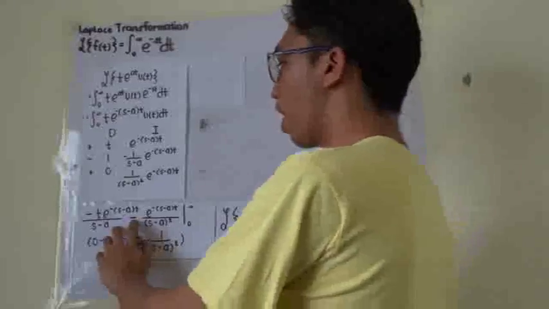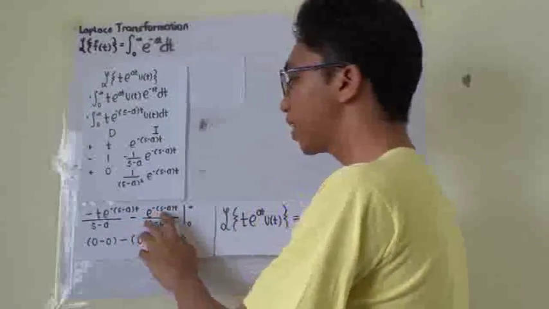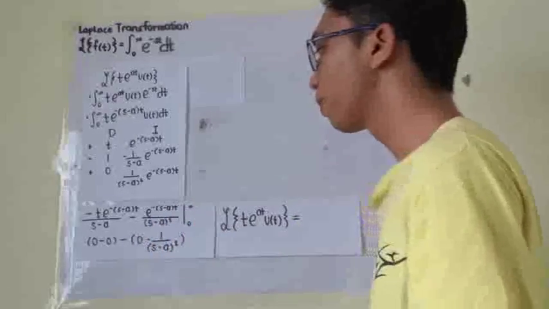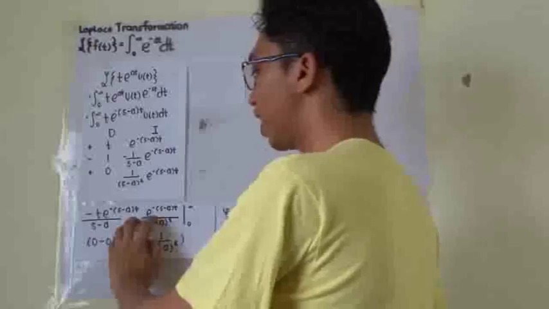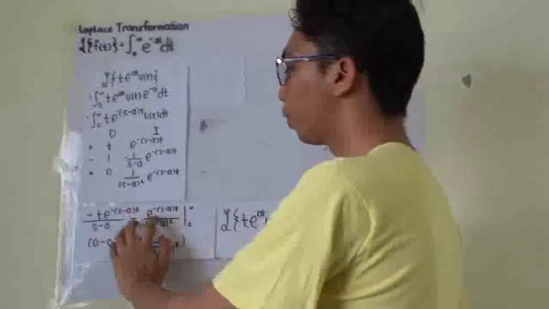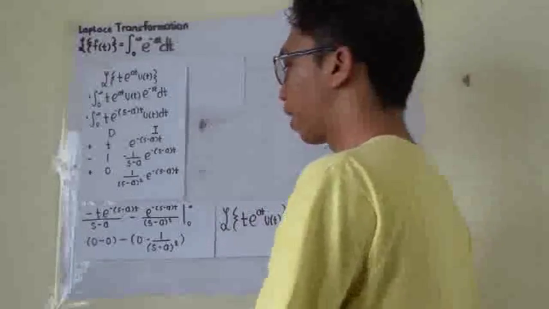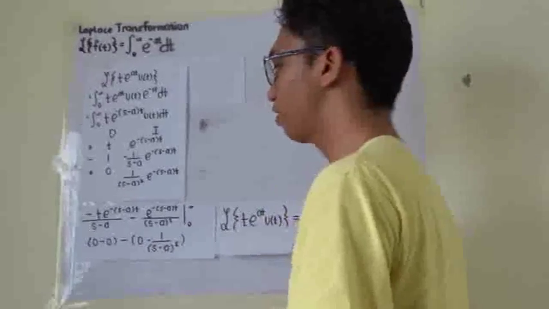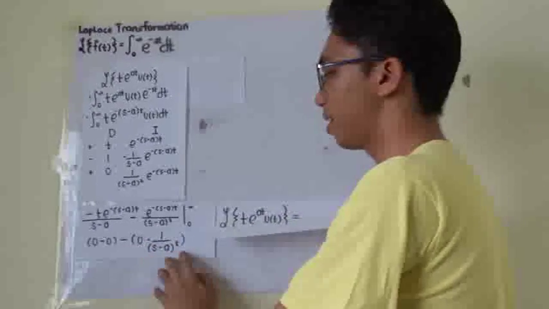And minus e raised to negative quantity s minus a times t will give 1 when we raise it to 0, and when we raise it to a very large number, it becomes 0. That's why our remaining part in the expression is equal to 1 over s minus a squared.